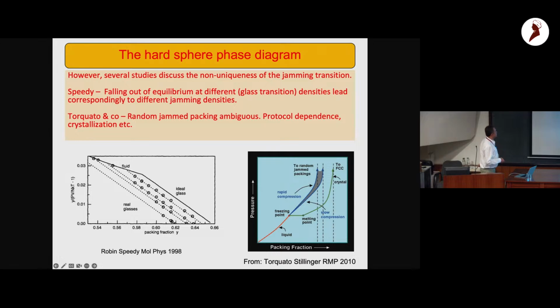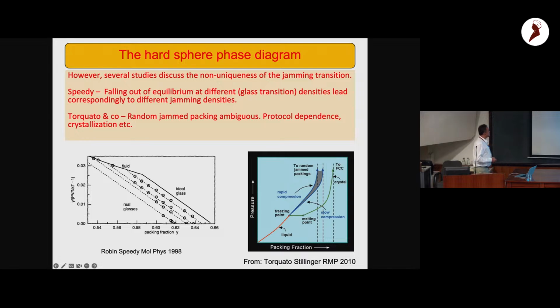But if one looks not at granular piles, but at the hard sphere system, and asks questions about the phase diagram, one can begin to question the idea that there is this unique density, and it's very much through thinking along the lines of the cooling rate dependence of the glass transition.